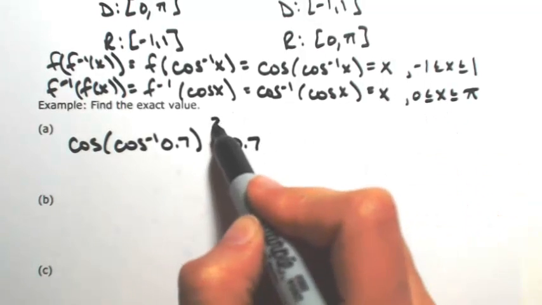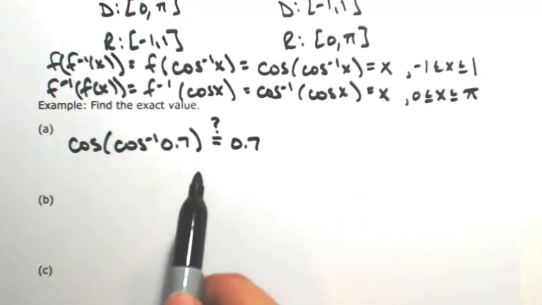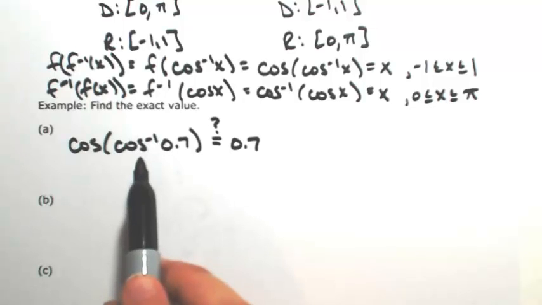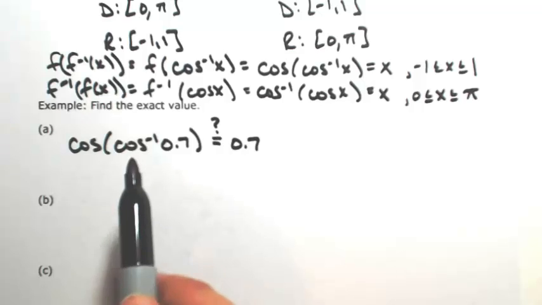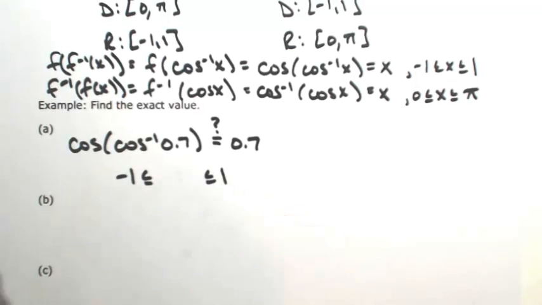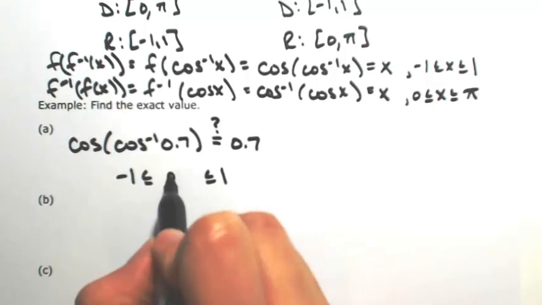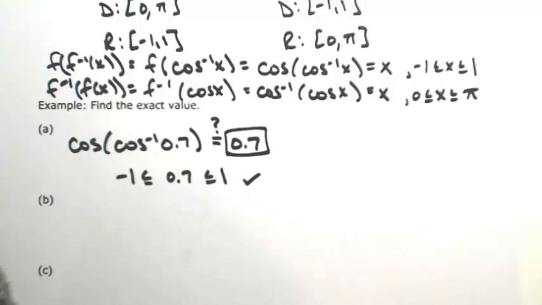So I'm going to put a question mark up here first, because I want to make sure that the domain is satisfied. So 0.7 is on the inverse cosine, so I have to make sure the domain of inverse cosine is satisfied, which is the same thing as the range of cosine, which is from -1 to 1. 0.7 is less than 1, so this is true. So they do undo each other, giving us back 0.7.